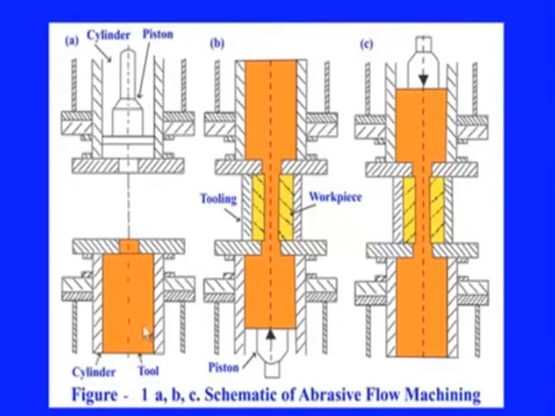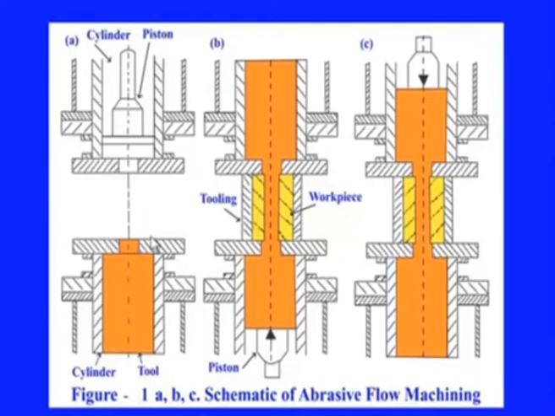So, this is the lower cylinder in which this orange material is nothing but the media that contains the tiny abrasive particles, and these abrasive particles may be of aluminum oxide or silicon carbide, and this will be pushed through the small openings to the other cylinder. In between there will be the workpiece held through some fixture.